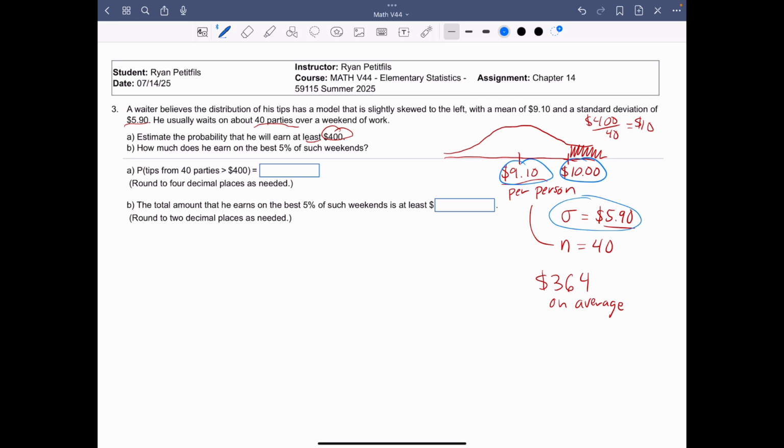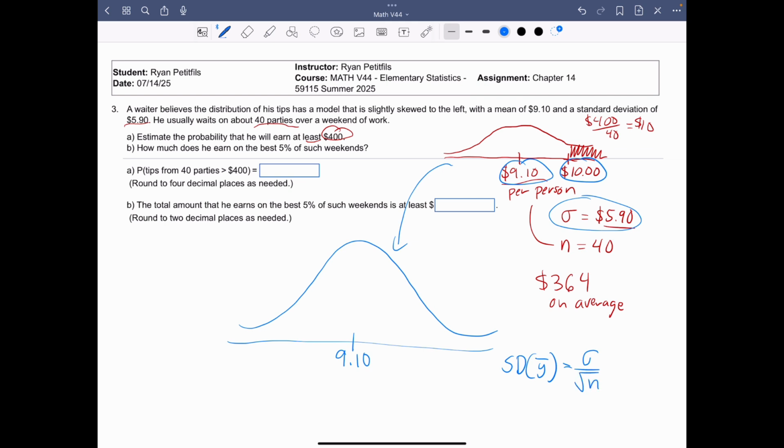In order to use it for what's called our sampling distribution, which is related to the normal model, we want our average to still be at $9.10. But because this is a different model than the original one, we have to use our little adjustment formula: the standard deviation of y bar is equal to the original standard deviation divided by the square root of n, and you'll learn that from the book and the homework.